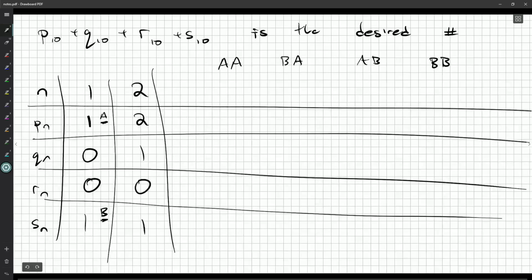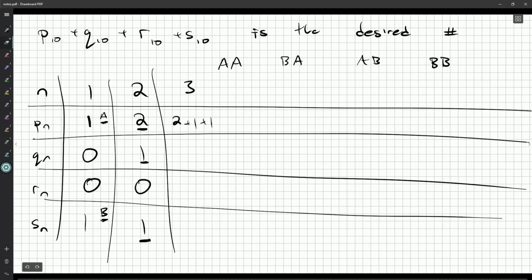There's nothing here. How about strings of length 3? Well, we could take each of these ones that ends in an A and add an A onto it. We could take each one of these ones that end AB and add an A onto it. We could take each one of these that is normal and add an A onto it, and it won't make an ABBA.